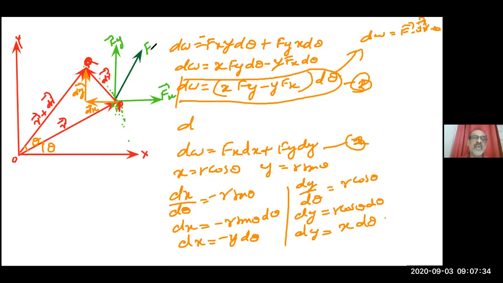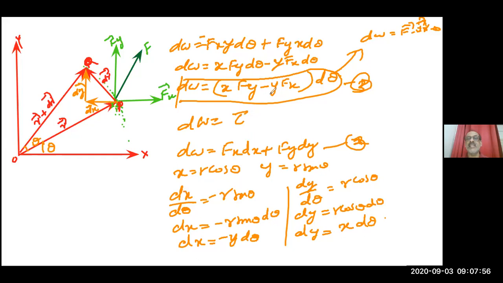That means force into displacement gives you work done in linear displacement. So some physical quantity into angular displacement will give you work done in angular displacement. That physical quantity which makes this angular displacement and work is done is known as torque.